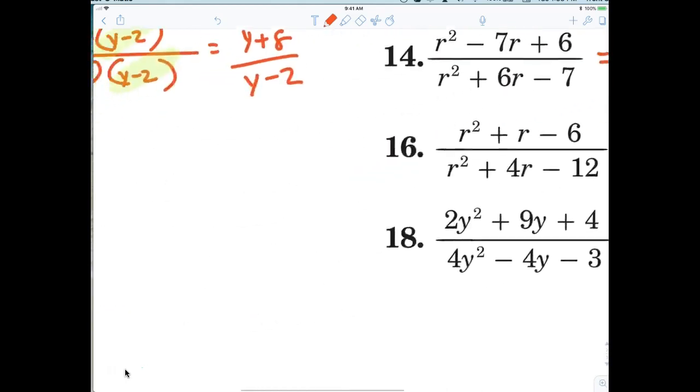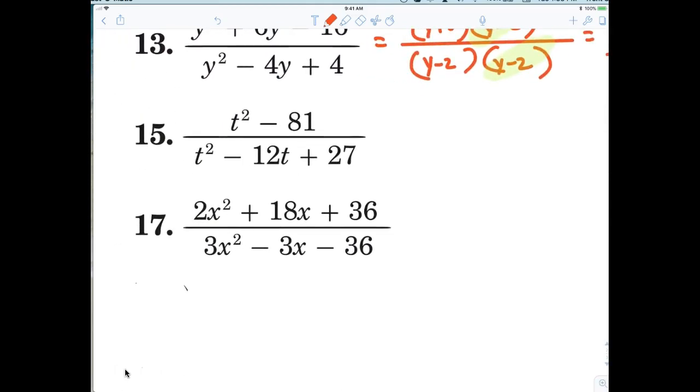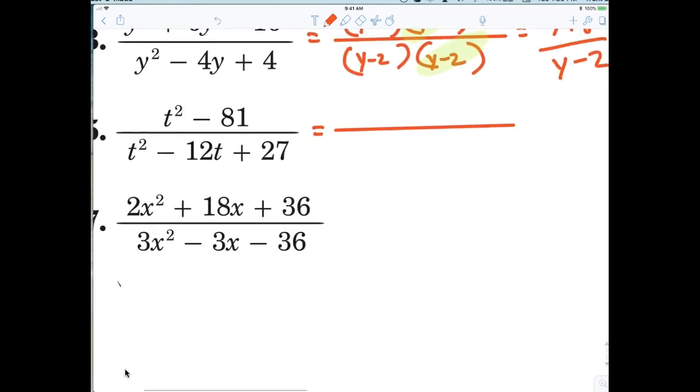All right, here we go. 15. Well, I told you it's very easy. Alessandra, go. The top factors to? The denominator?